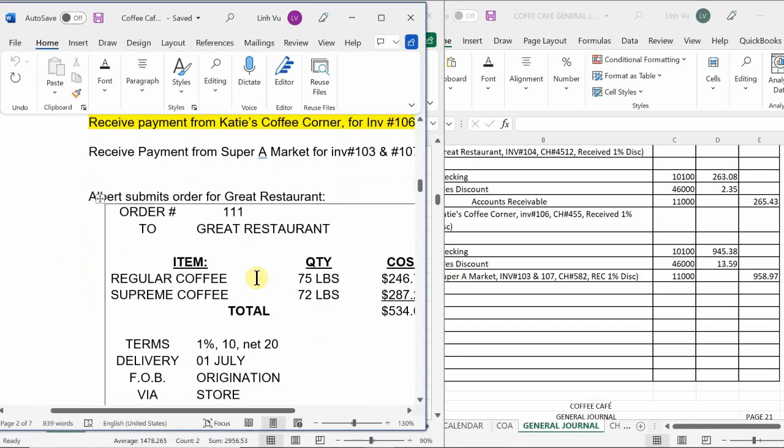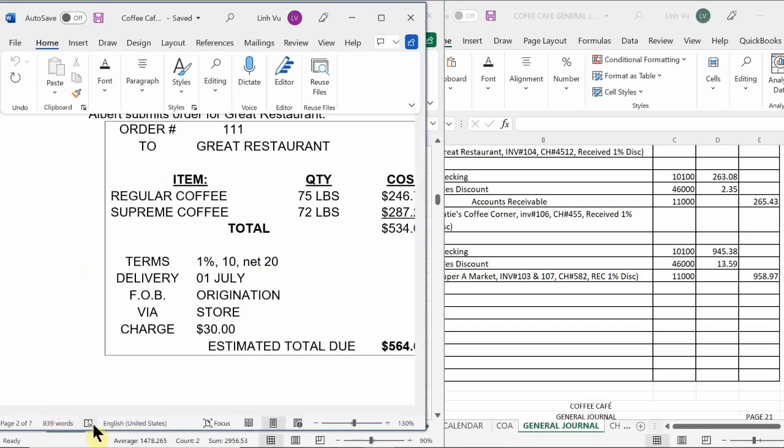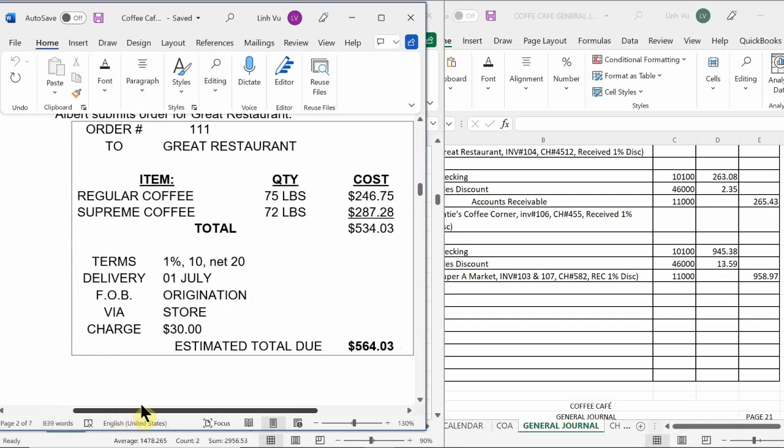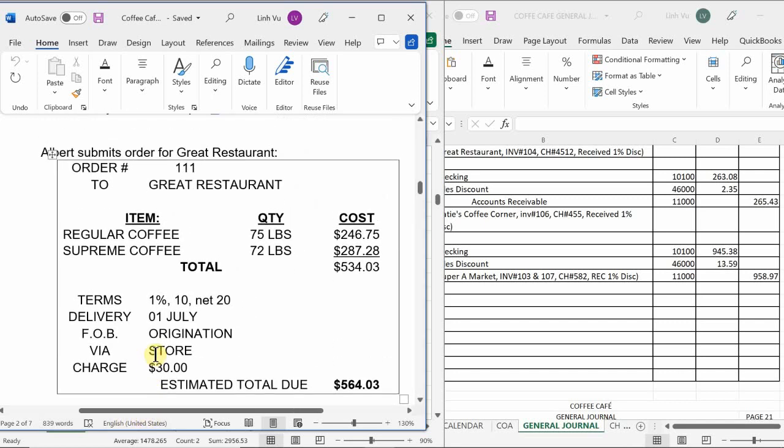All right. So next thing we have here is Albert submitting another sales order for Great Restaurant, and they want another 75 and 72 pounds of regular and supreme coffee. So again, this is submitting an order. So what do we do here? We go to the subsidiary to commissions.